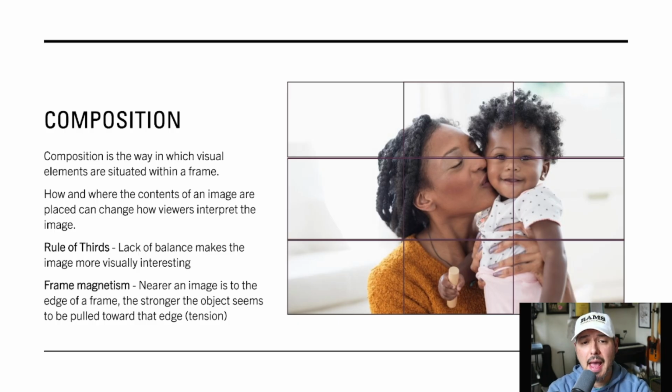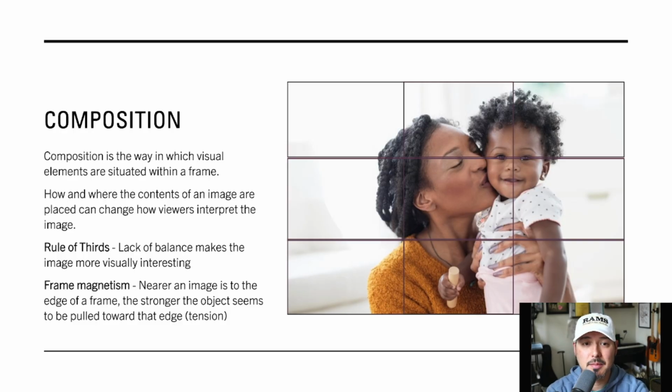But how and where the contents of an image are placed within the frame can change how viewers interpret the image. A couple of the key things you do want to know about, because you will probably hear, or you probably have already heard about them a lot if you've ever taken any sort of art course, media course, anything of that nature. Number one is the rule of thirds. A lack of balance makes an image more visually interesting.